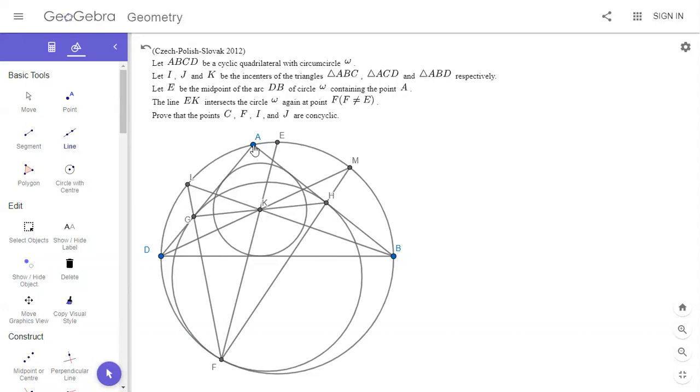Okay. I feel like there should be an obvious way. Let's see. What if we project onto GH? Because GK is equal to KH. So if we project through F onto GKH, well, yeah, then we get GKH.